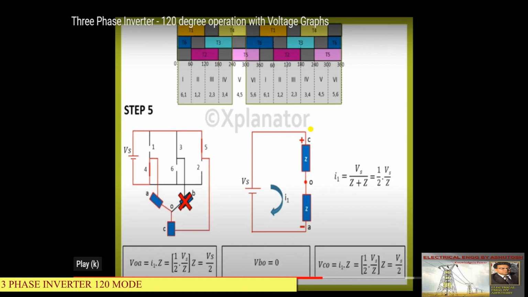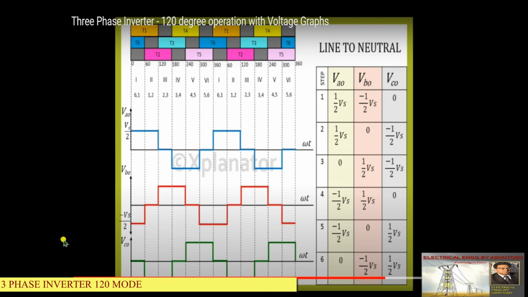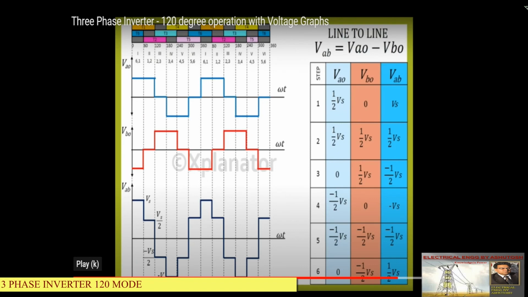Then step 5, and then step 6. This is the last step. So you can calculate all the voltages and then make a graph. You can prepare this graph. You can take VAO, VBO, VCO like this, and this is a table of all the voltages we have calculated, and at last you can find out the VAB line voltage like this.